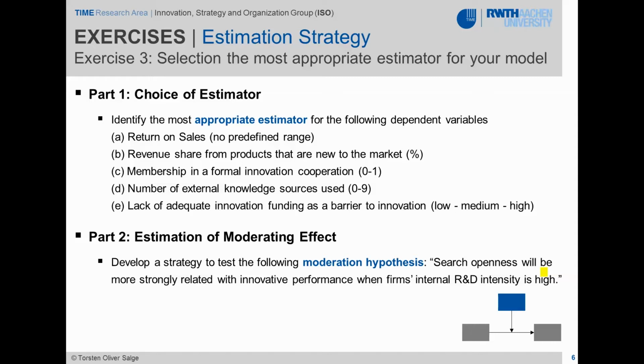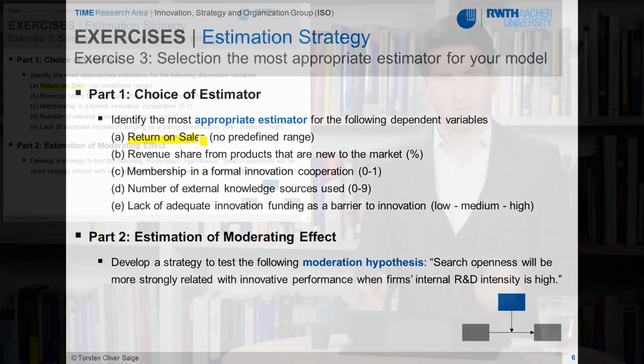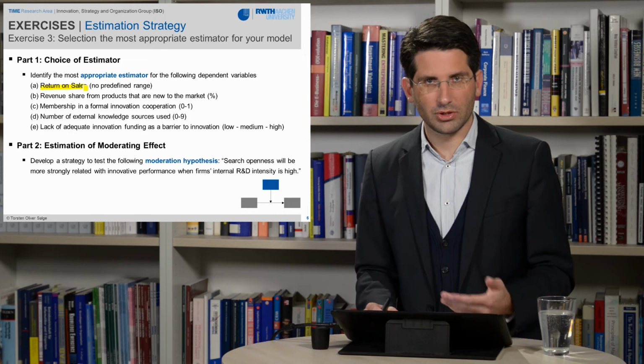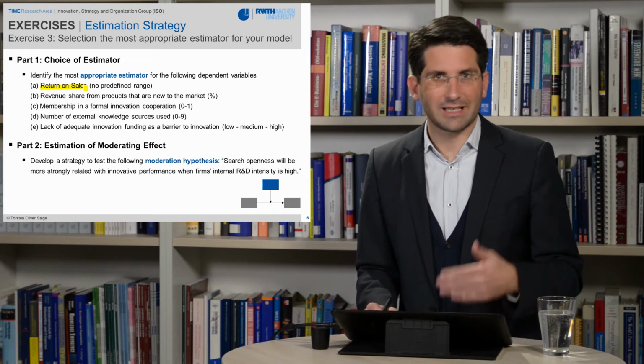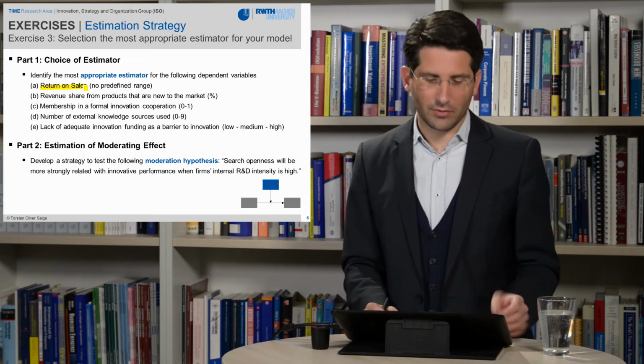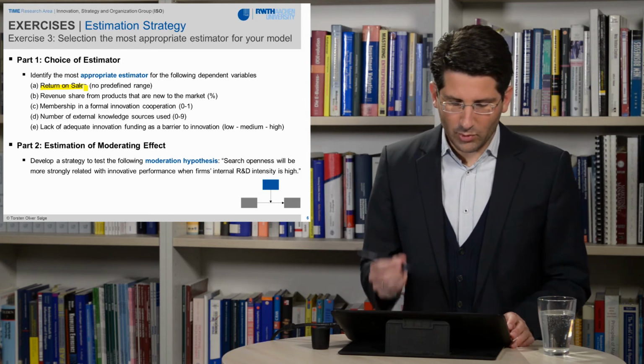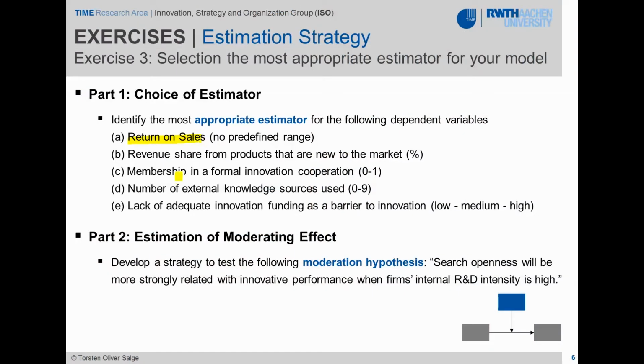The first is return on sales, and return on sales has no predefined range. Tell me what kind of estimator you would use to estimate variance and explain variance in this type of dependent variable. Then we have the revenue share from products that are new to the market. And that will obviously range from 0 to 100 because it's in percent, right?